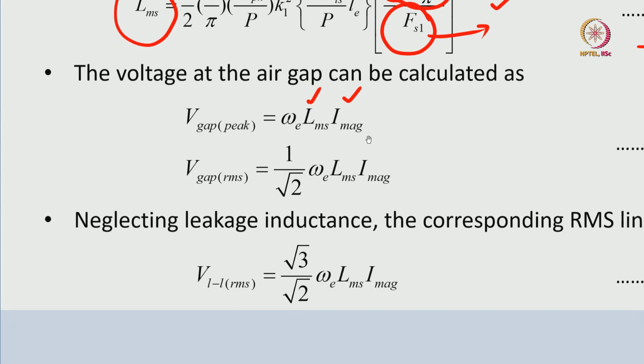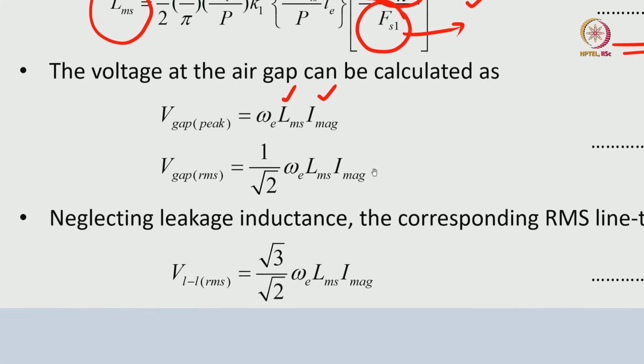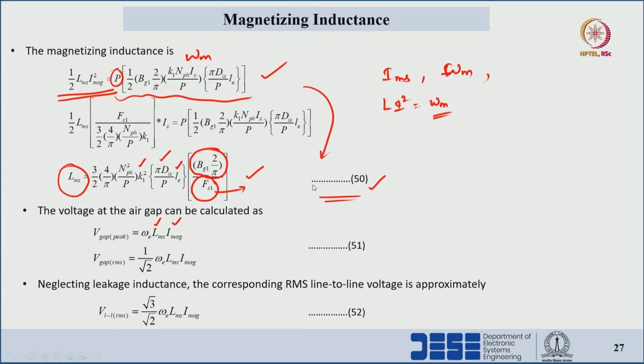So, V gap RMS, the RMS value of the voltage at the air gap, is equal to 1 by root 2 of the peak value. If you want to calculate the RMS line to line voltage, multiplying by root 3 will give the RMS line to line voltage.